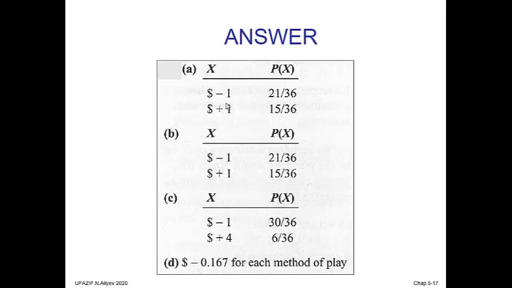Some people win, some people lose, but generally they lose. It means that on average the loss for each person is 16 cents. Doesn't matter which play you choose, from each person they will take approximately 16 cents.